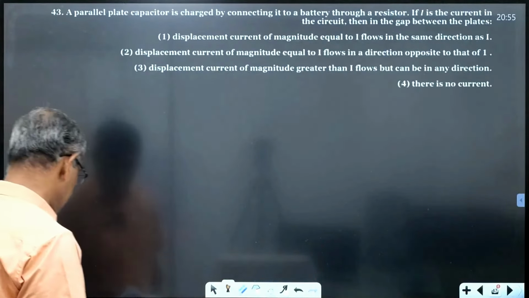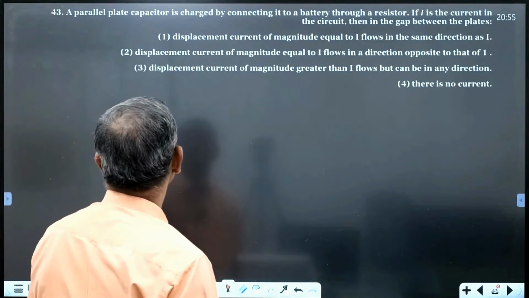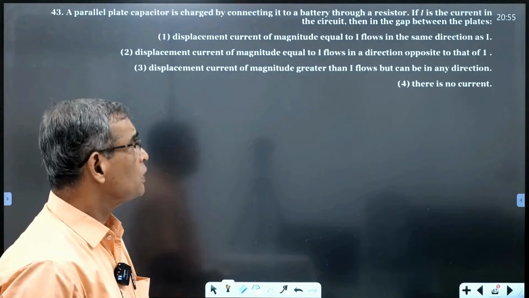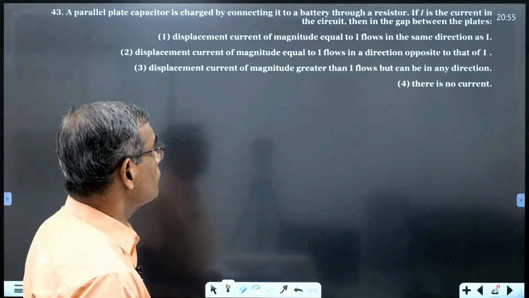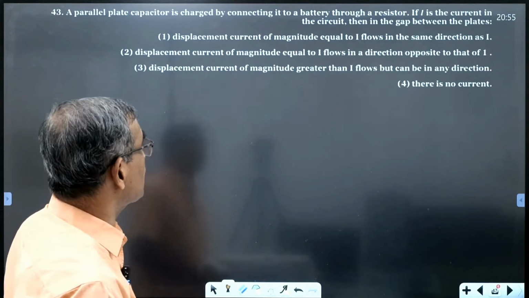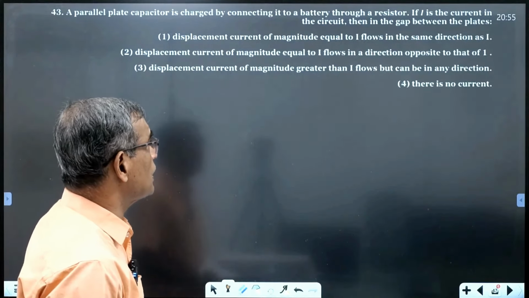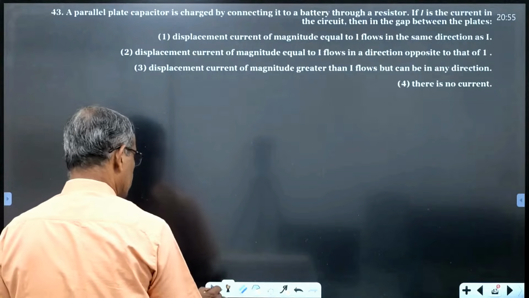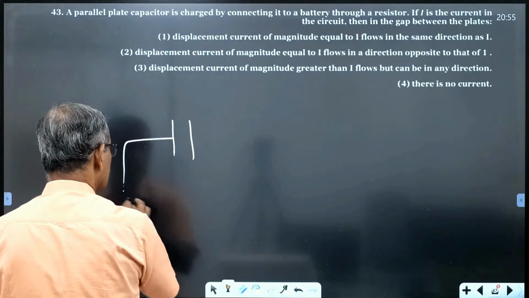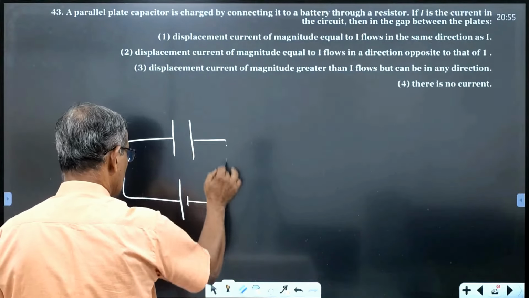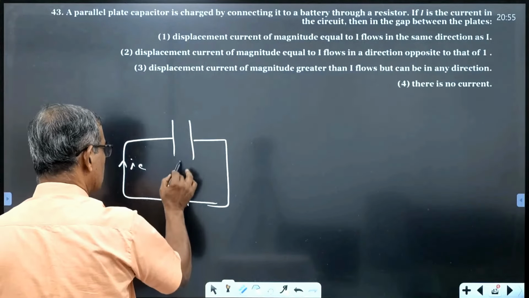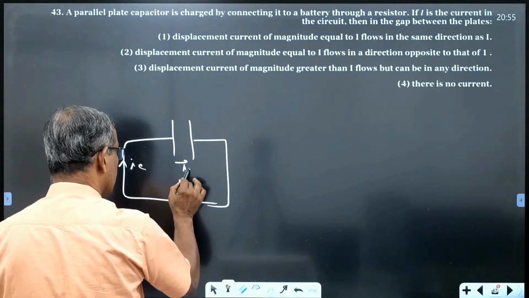Next, 43. A parallel plate capacitor is charged by connecting to a battery through a resistor. If I is the current in the circuit, then what about the gap between the plates? Suppose this is the capacitor and this is the charging cell. In the conductor there is conduction current IC, and through the dielectric there is displacement current ID.